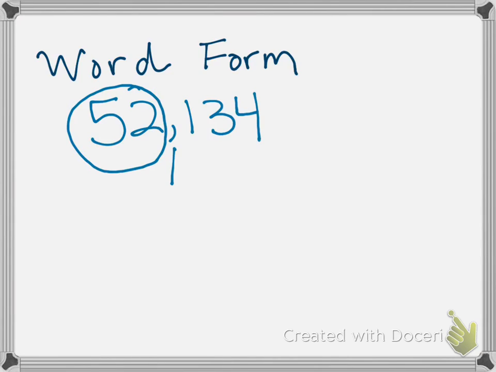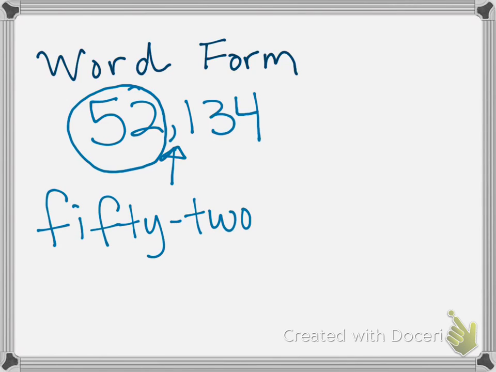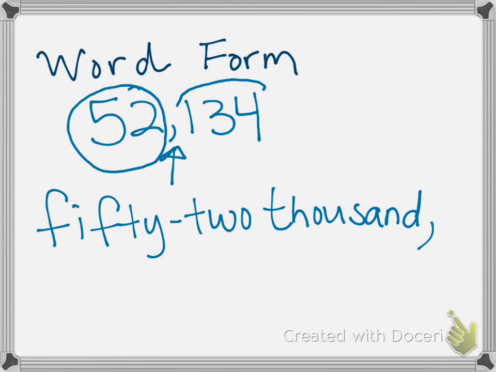When you get to a comma, you're going to be saying that family's name. So that comma is the thousands family. So 52,000. So you can write 52,000, and then you will put a comma, and then you just say what you see here. And remember, we don't say a family name for the last family. We just say the number.